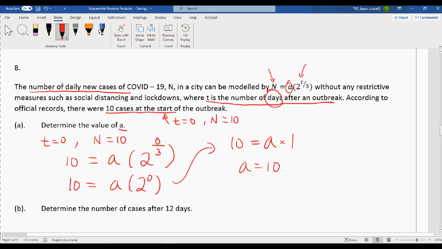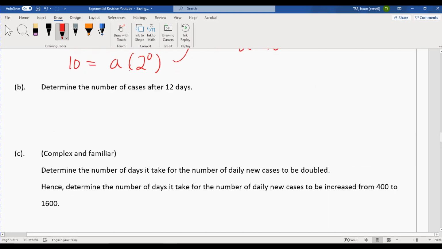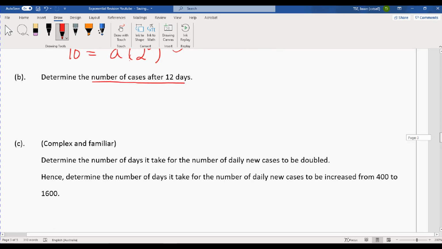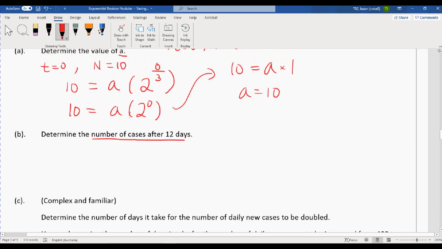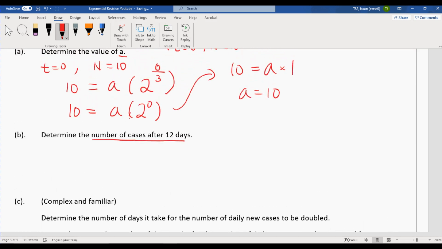Okay, and then you need to determine the number of cases after 12 days. That means you need to find n when t equals 12. So again, we need to rewrite the whole equation, which is n equals 10 times 2 to the power t over 3.